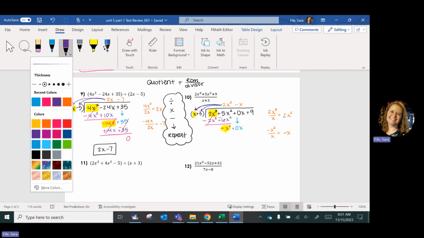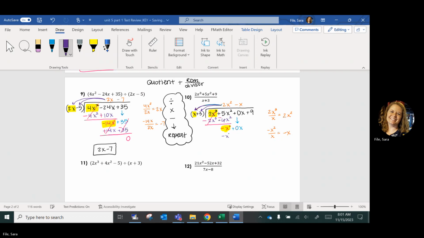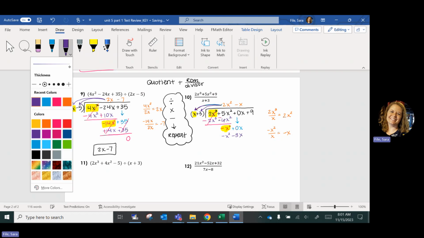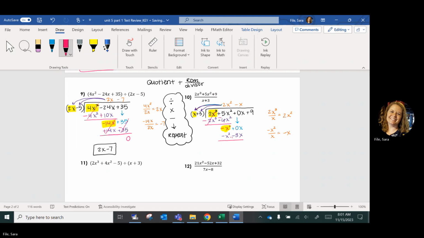Negative x times x would be negative x squared. Negative x times 3 would be negative 3x. Now I'm going to draw my line and change my sign. I'm subtracting. So that's going to become plus, plus, which eliminates the x squareds and leaves me with a positive 3x. And then I drop down my next term, which is plus 9.